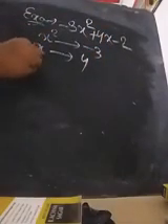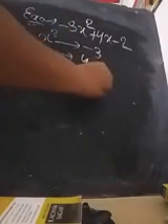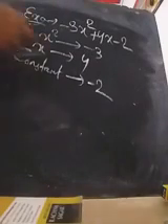The coefficient of x is plus 4. And the constant term, or coefficient of x to the power 0, is minus 2. I think it's very easy and so clear, right? Okay. Let us give one more example.